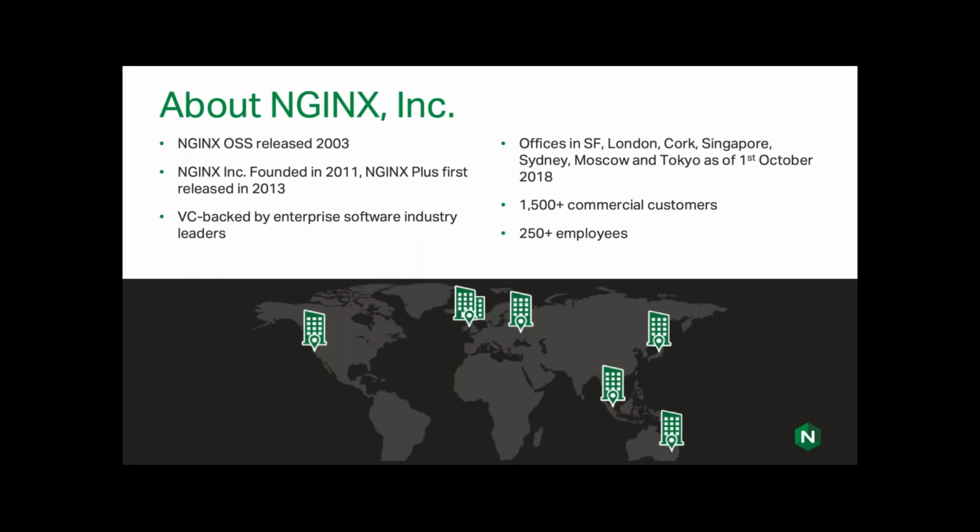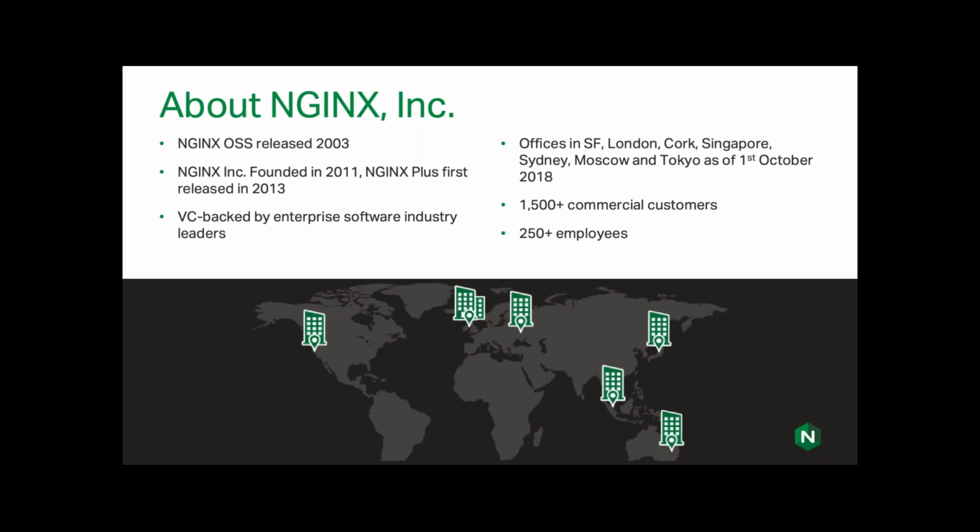So many of you know that NGINX started its life as an open source project back in 2003. The open source project was so successful that in 2011, NGINX Inc. was founded, and our first commercial product, being NGINX Plus, was released in 2013. We are a VC-backed organisation.